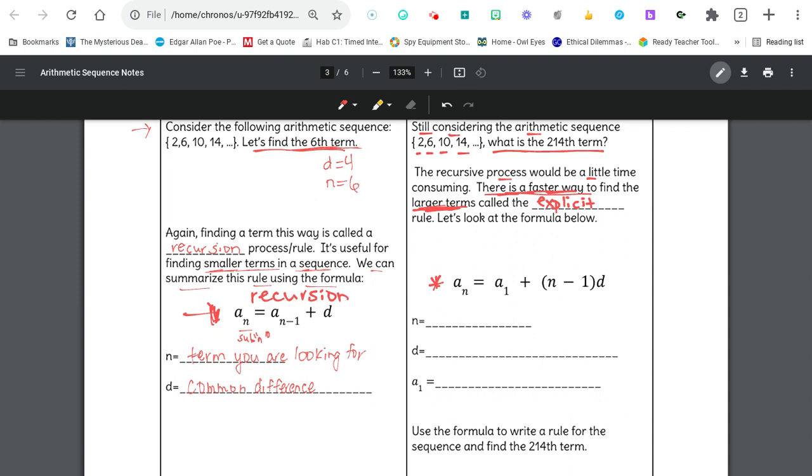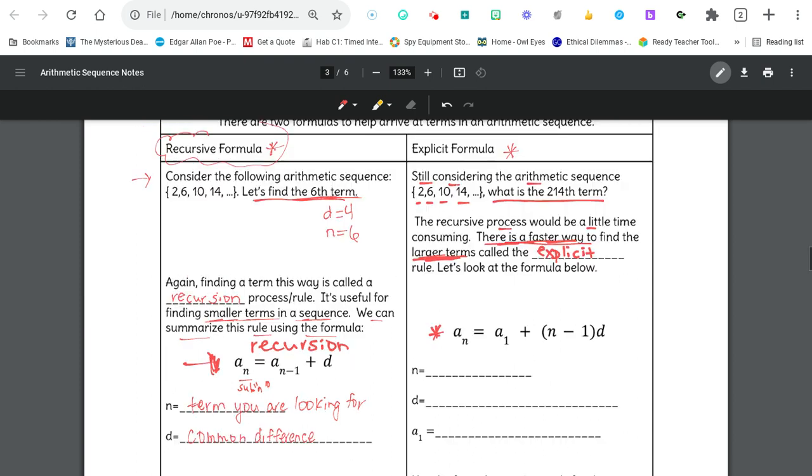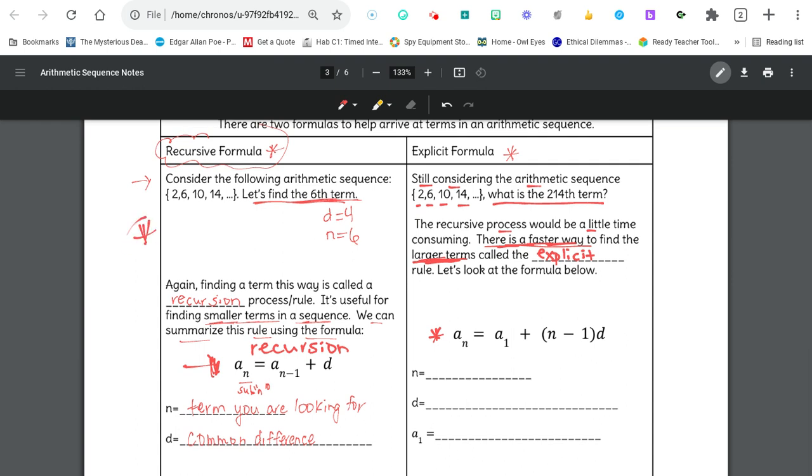Okay, so here you don't need to know the 213th term to get the 214th term. Over here, I would need to know the 213th term. To find the 214th term, I would need to find the 213th term and add 4.